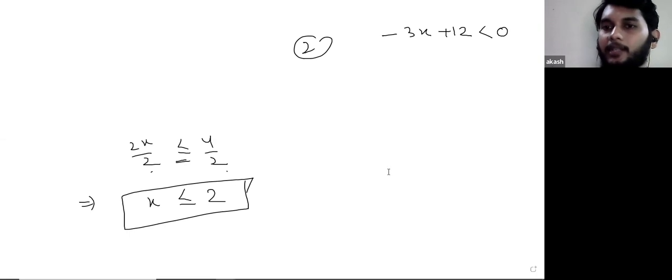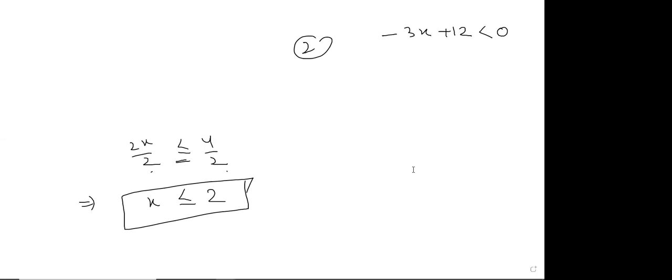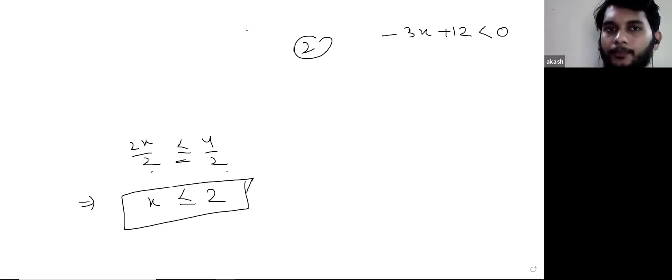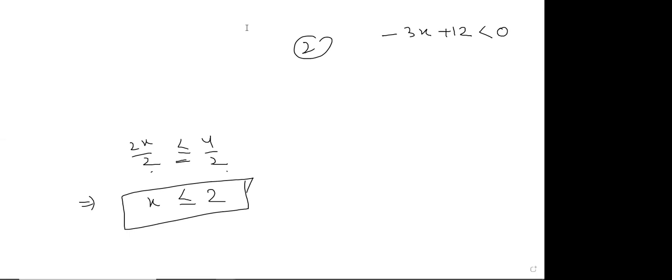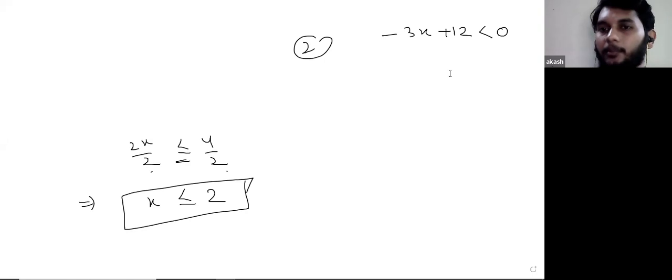So if the number is negative, we should divide it by the negative number. But if you divide by a negative number, then you have to change the sign also. Sorry, I'm not able to hear you. Now you're audible. You're saying you can divide by a negative number, but if you do, then the sign will change.